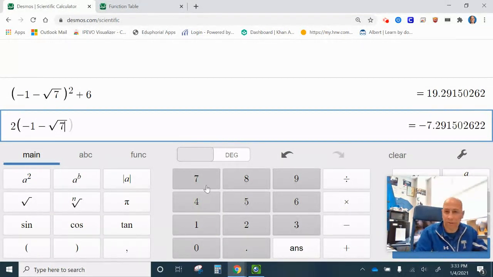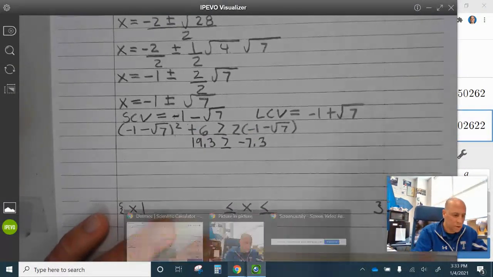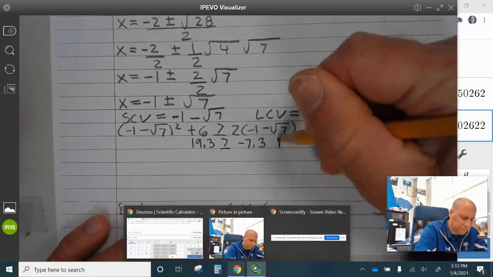Let's just round to one decimal place. So 19.3 is greater than or equal to negative 7.3. Okay, well, that's a true statement.